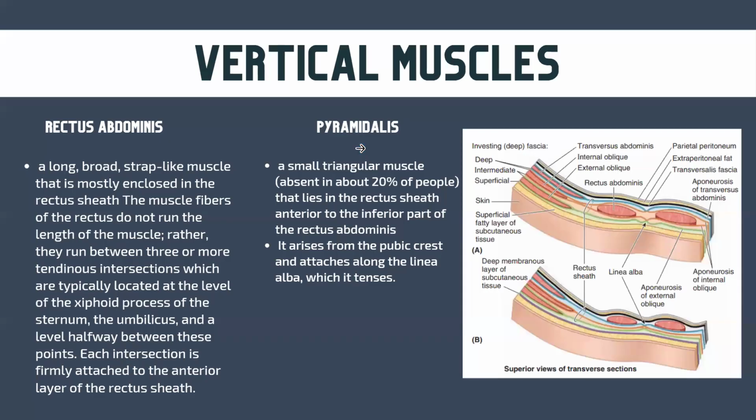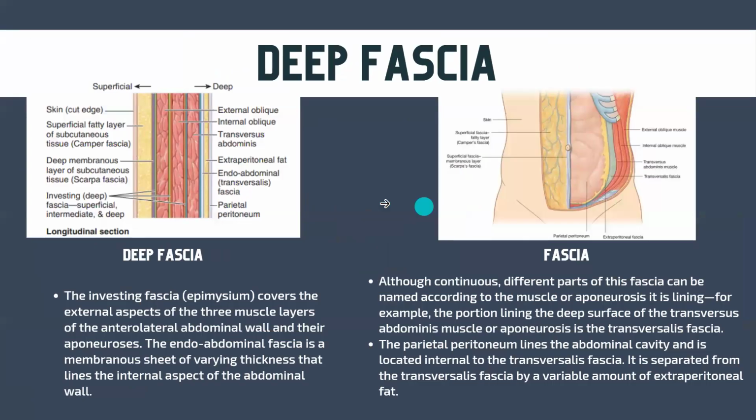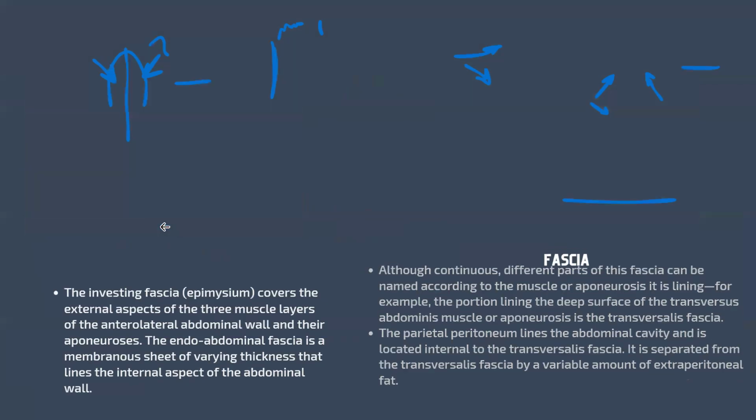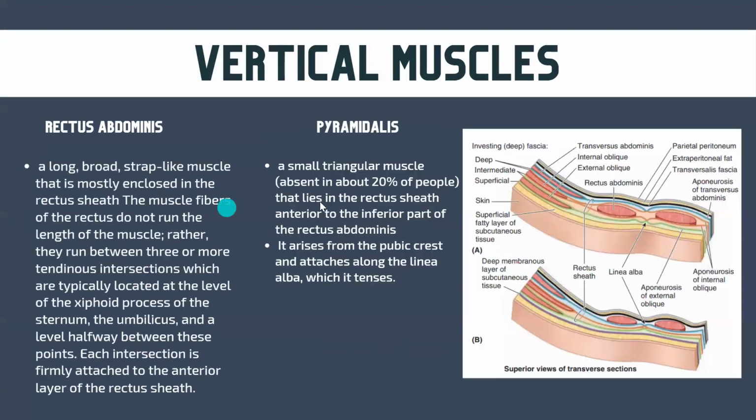What is important actually is the lining sheath. These muscles we have said before have investing fascia in each of them, and its aponeurosis. Okay, so here the muscle of the rectus is not the same as the sheath of them.